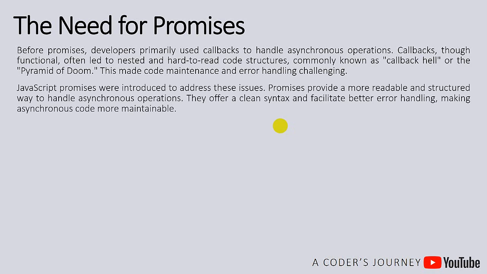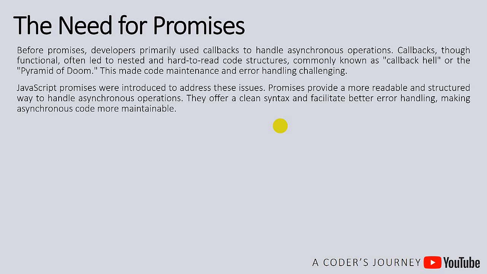Now, promises to the rescue, right? JavaScript promises were introduced to address these issues. They provide a more readable and well-structured way to handle asynchronous operations. They offer a clean syntax and facilitate better error handling, making asynchronous code more maintainable.